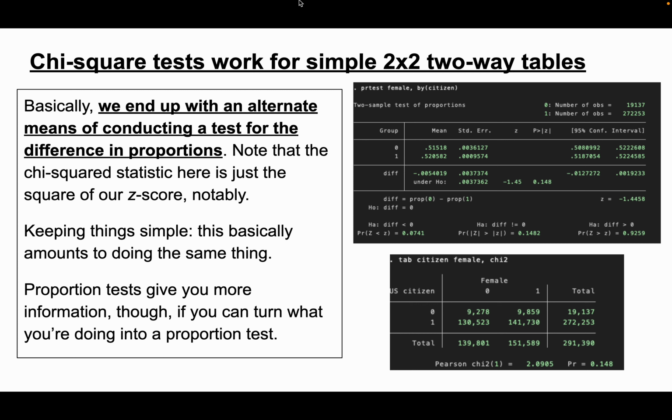And here with the proportion test, we can get a little more information, and it's pretty straightforward. Basically, the difference between the two groups: we had this observed difference in proportions that was about half a percentage point, and then relative to the standard error under the null hypothesis, that ratio was 1.45 in absolute value terms, and that's just not that big of a z-score, end of story.